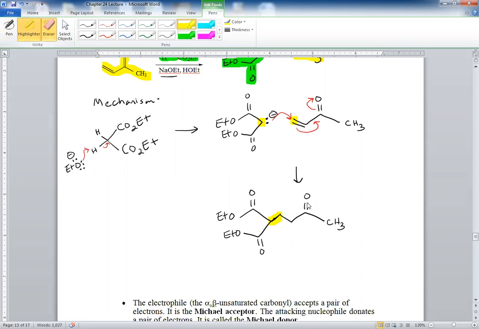Now, there's one thing that I haven't finished here. So we have the movement of the electrons. And then finally, what happens is that this double bond gets protonated from the alcohol.